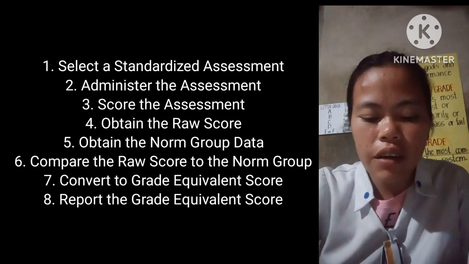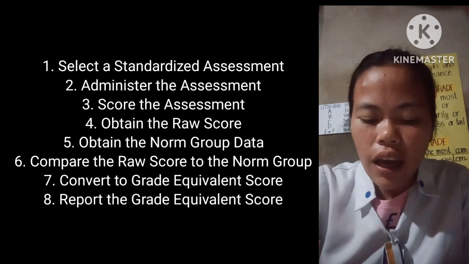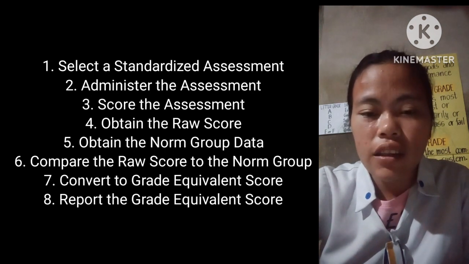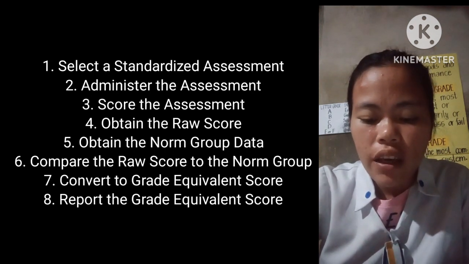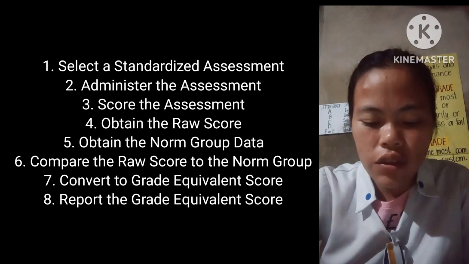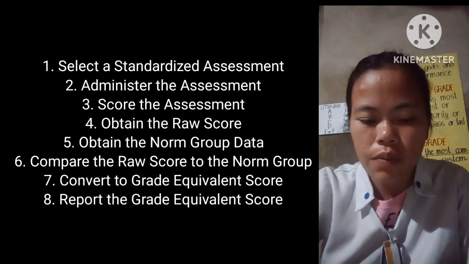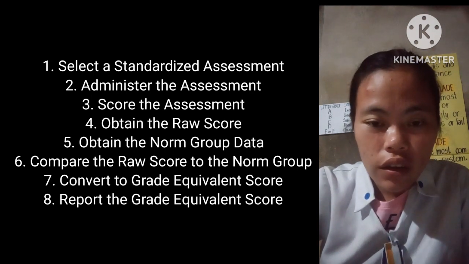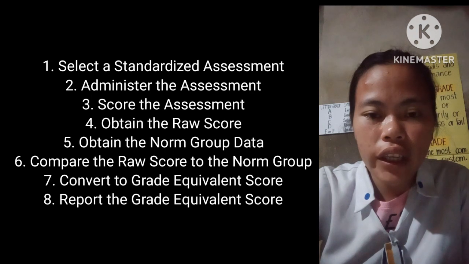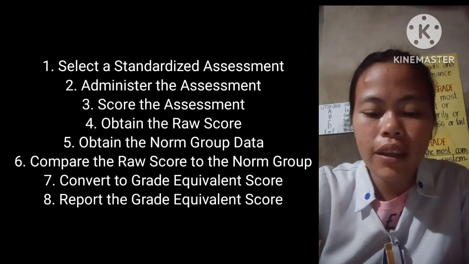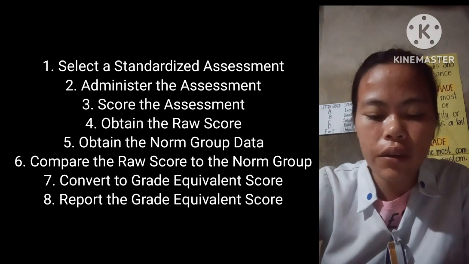Second step is administer the assessment. Administer the assessment to the students following the guidelines and instructions provided. Ensure that the administration process is fair, consistent, and adheres to the standardized procedures. So, third step is to score the assessment. Score the assessment based on the predetermined criteria or scoring rubric.